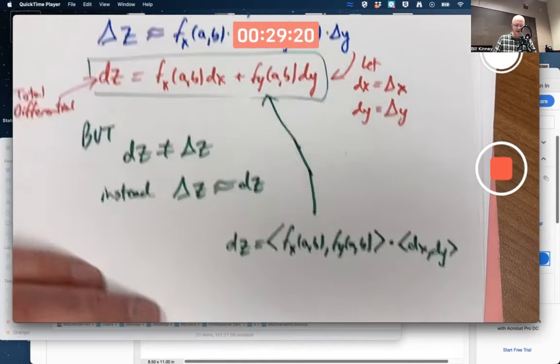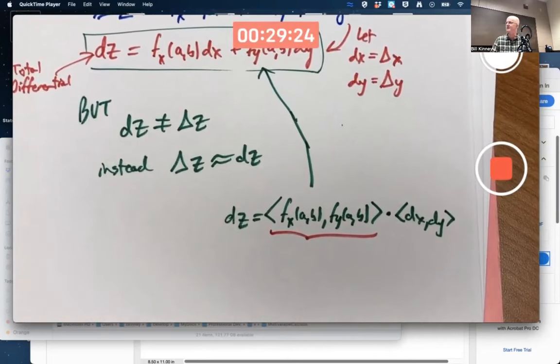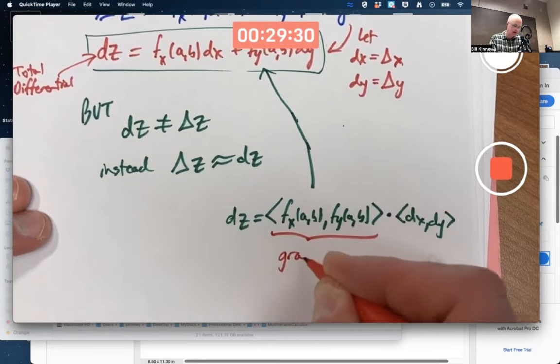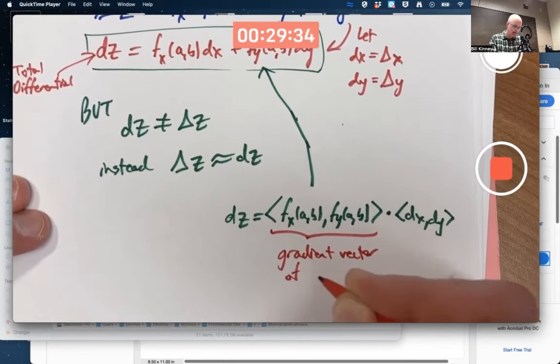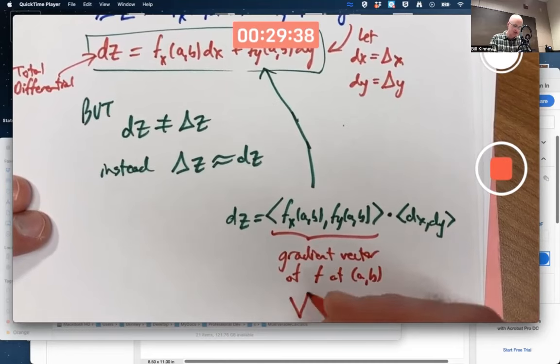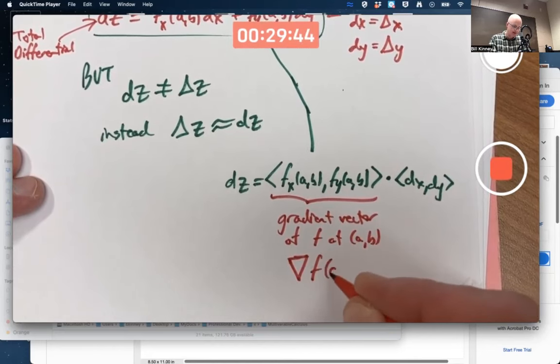And in particular, this vector here is a special vector. It's a vector whose components are the partial derivatives with respect to x and y. It's called the gradient vector of f at (a,b). And it's got a special notation, an upside down delta, f of (a,b).